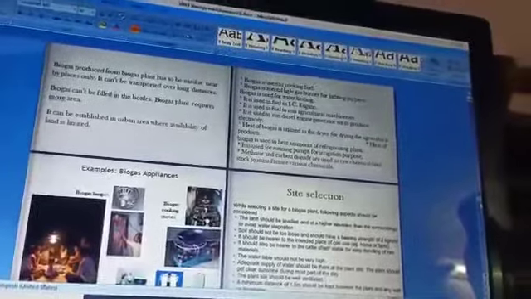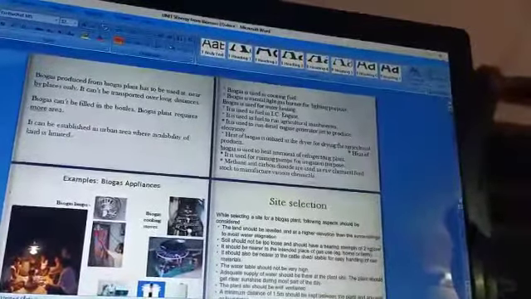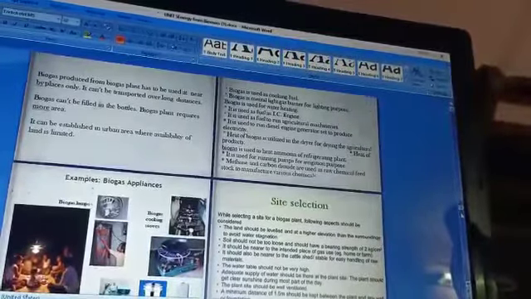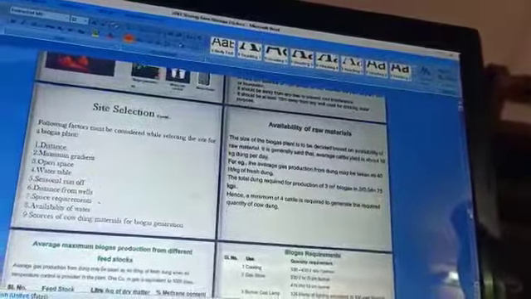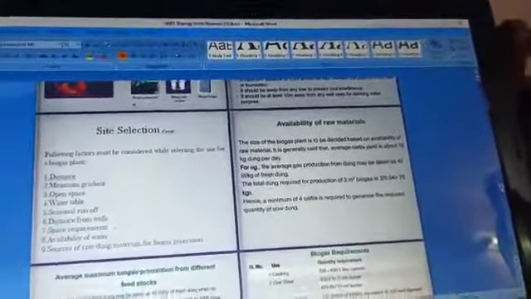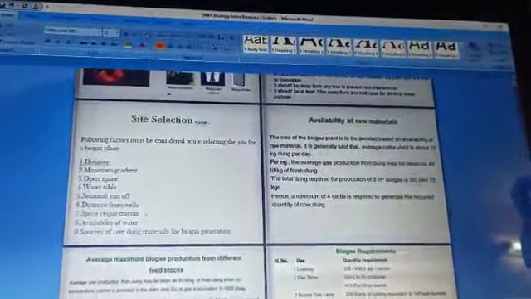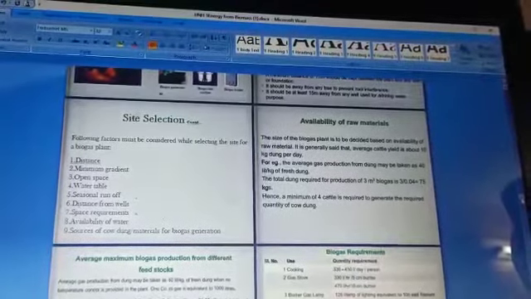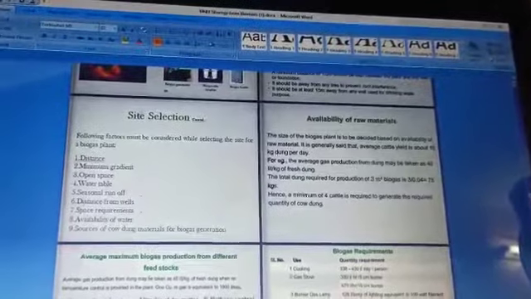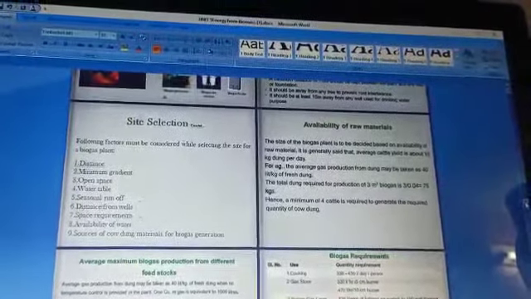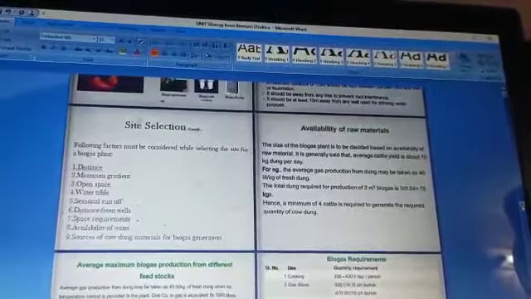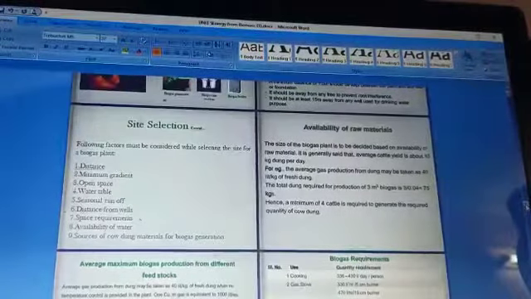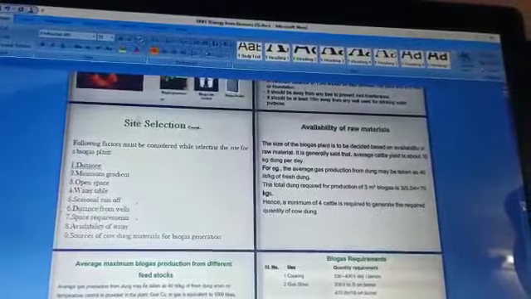So these are the requirements, where the factors for site selection are distance, open space, water table, seasonal runoff, distance from the well, space requirement, availability of water, sources of cow dung.